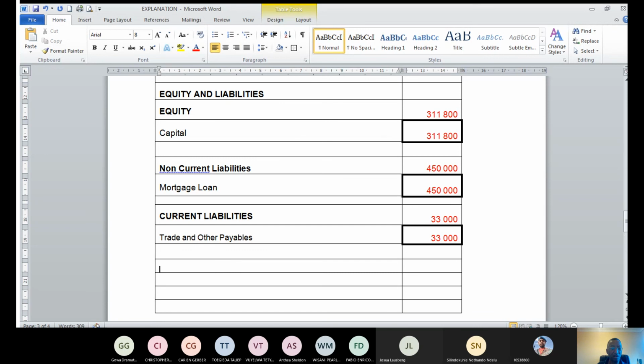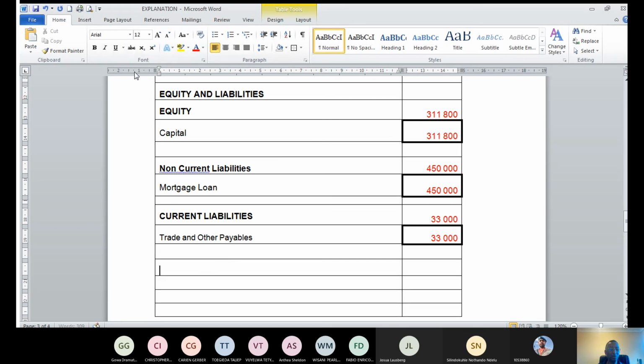The bottom section of our statement of financial position is then called total equity and liabilities. So it will be equity of 311,800 plus the non-current liabilities of 450,000 plus the current liabilities of 33,000.